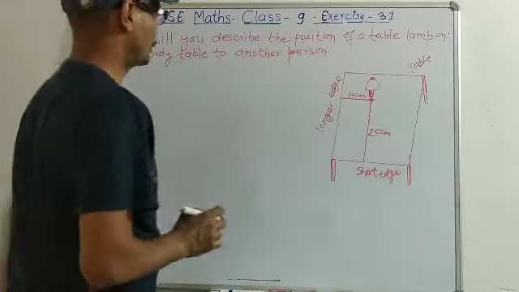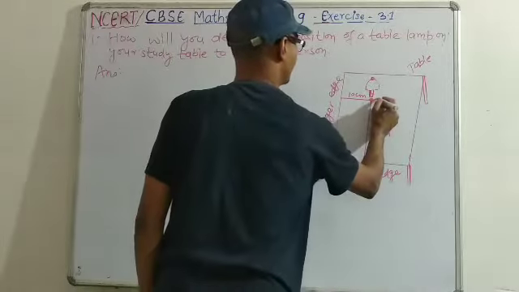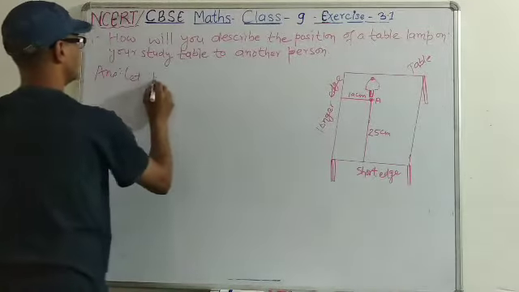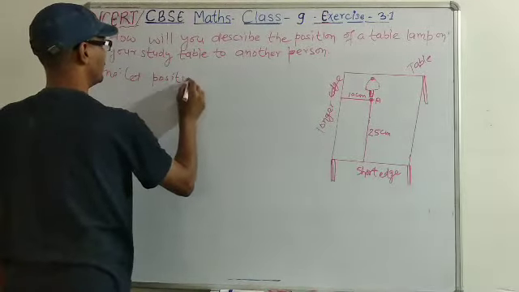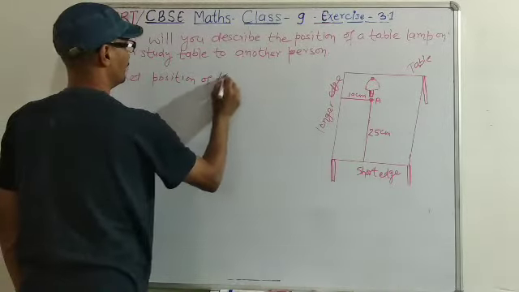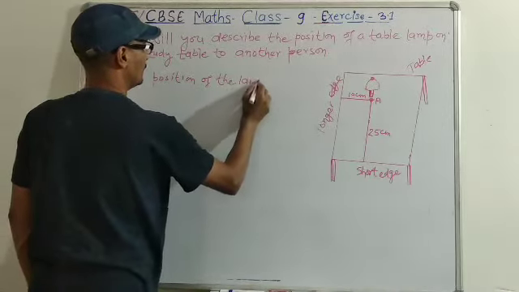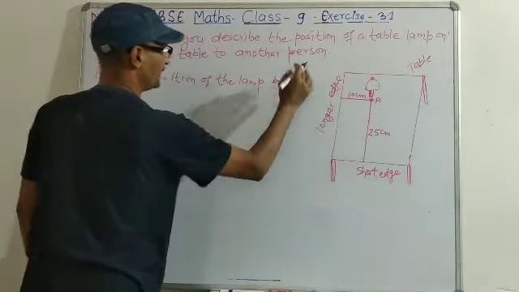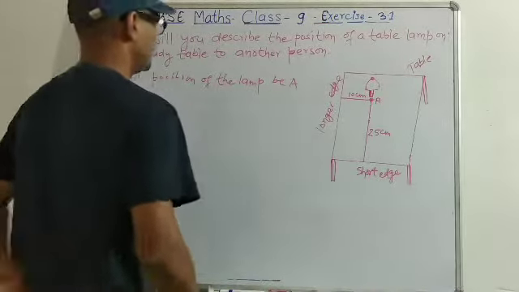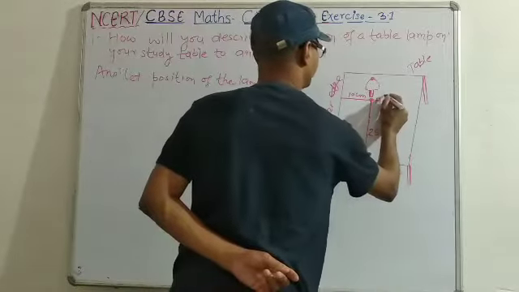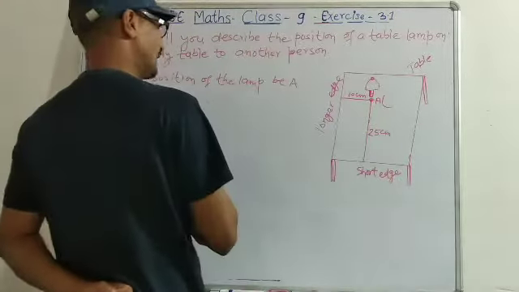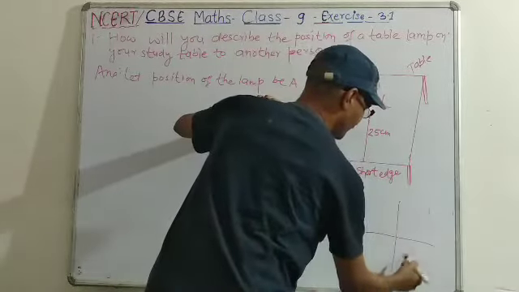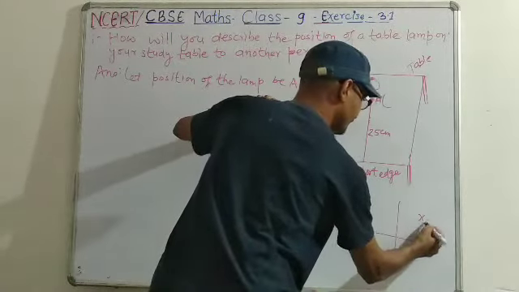So what is the position, what is the point? Suppose we take the position of the lamp to be A. If A is its position, what is the point A? We can write two things. If there were an x axis and y axis, we would first write x and then y.